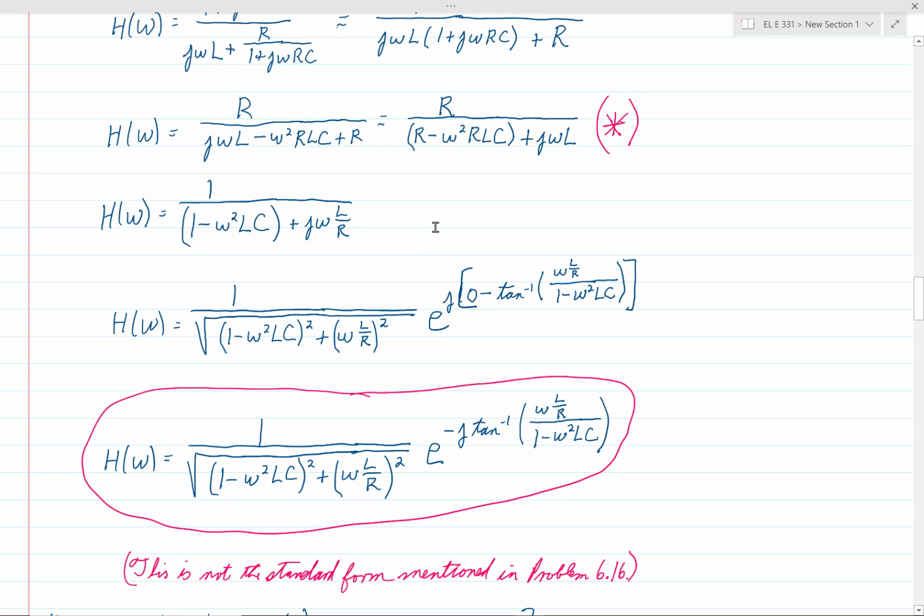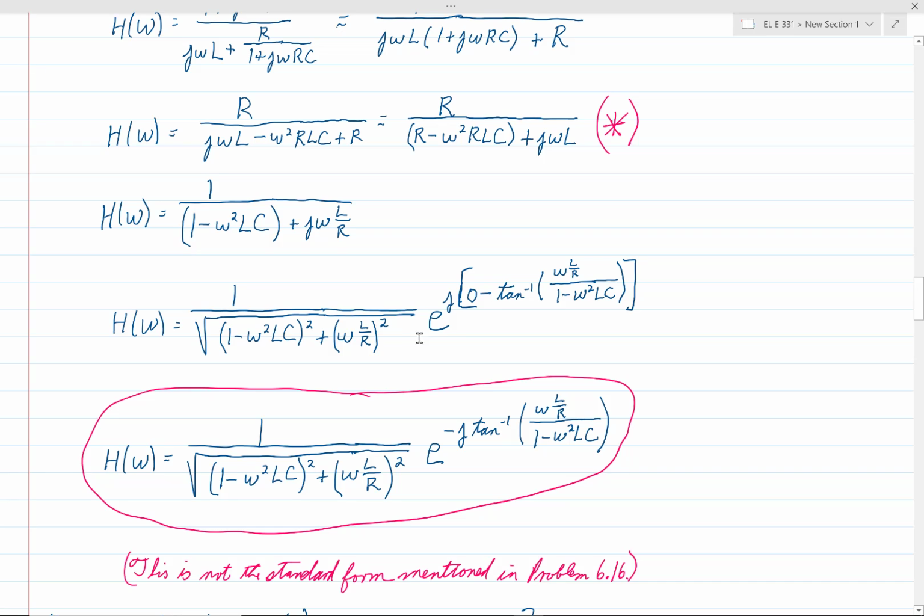And then what I want is to put this into magnitude and phase form, and that's pretty easy. If you'll just remember that if you have a fraction that is a complex number divided by another complex number, then the magnitude of that is equal to the magnitude of the numerator divided by the magnitude of the denominator.